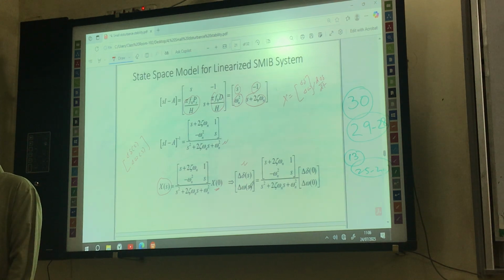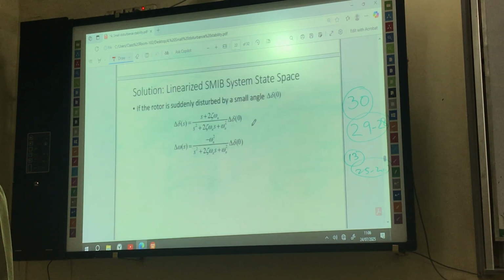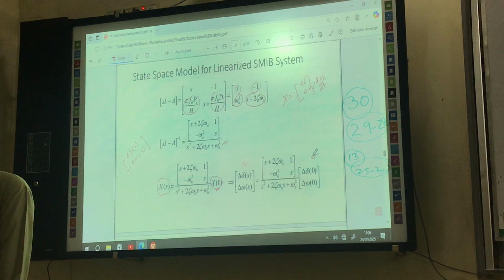And the right side is the same as it is, but what will be the initial condition? Again the x of 0. So inside this x we will have two elements, del delta of 0 and del omega of 0. Now there is one point here.